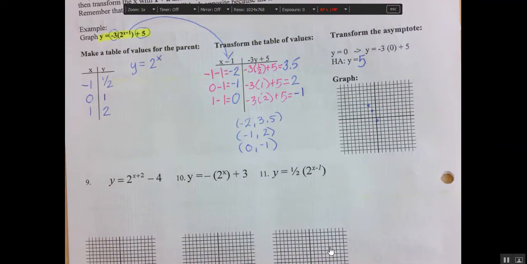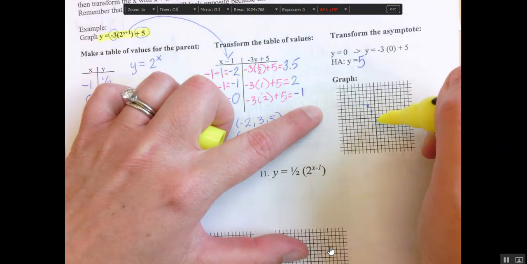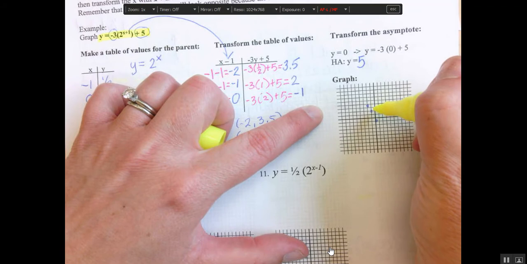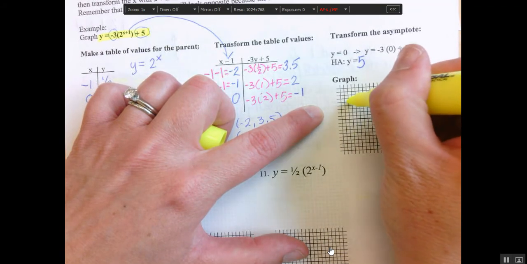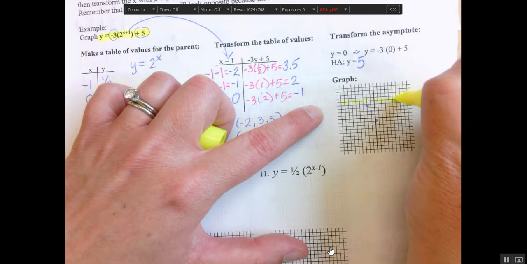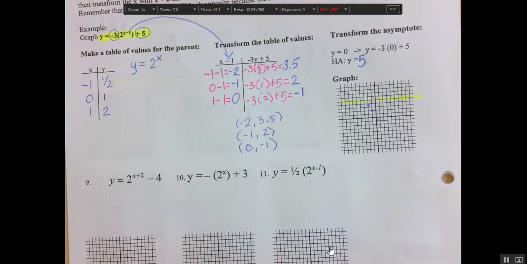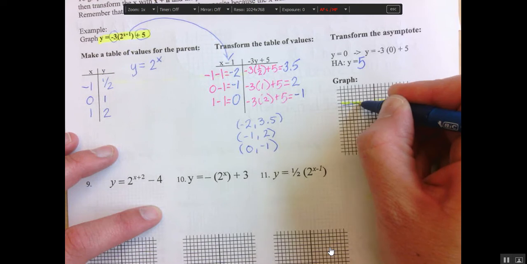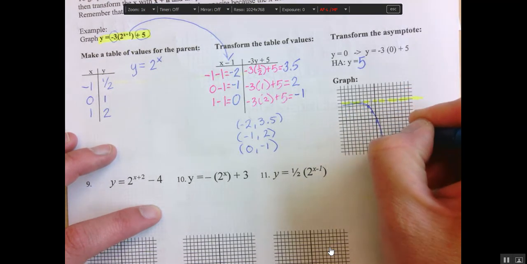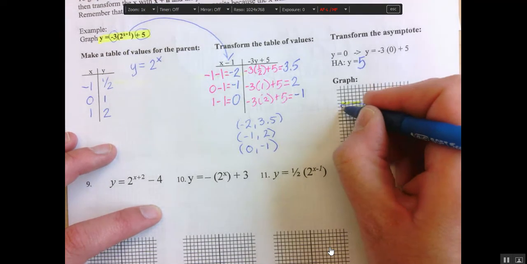Okay, so at y equals 5, we want to draw your horizontal asymptote. And then this is an exponential function that's been flipped upside down. It's going to look like that.